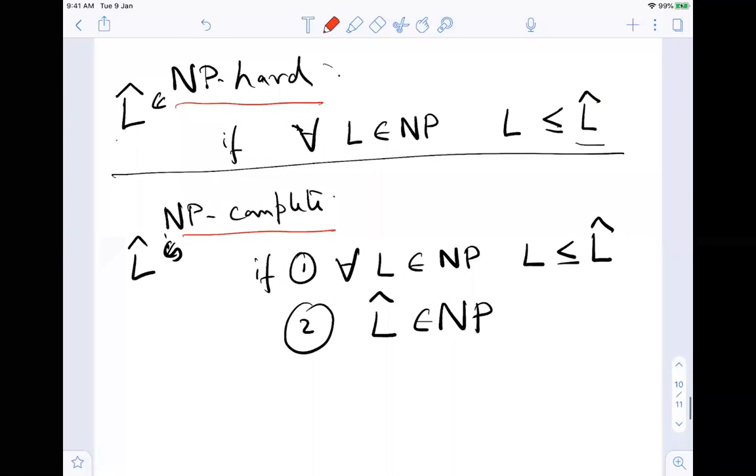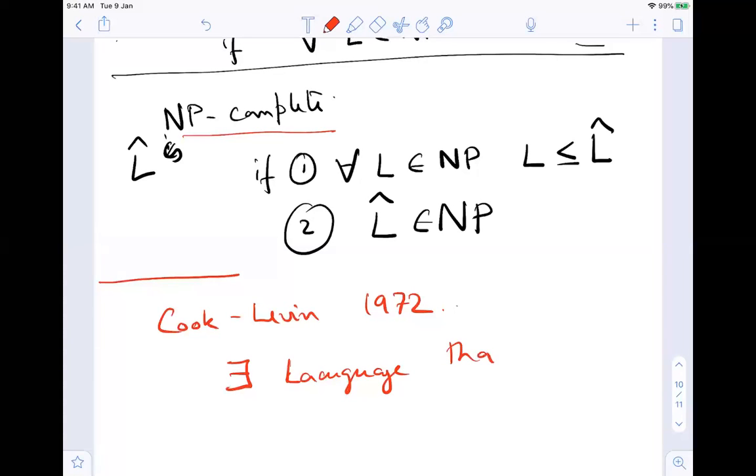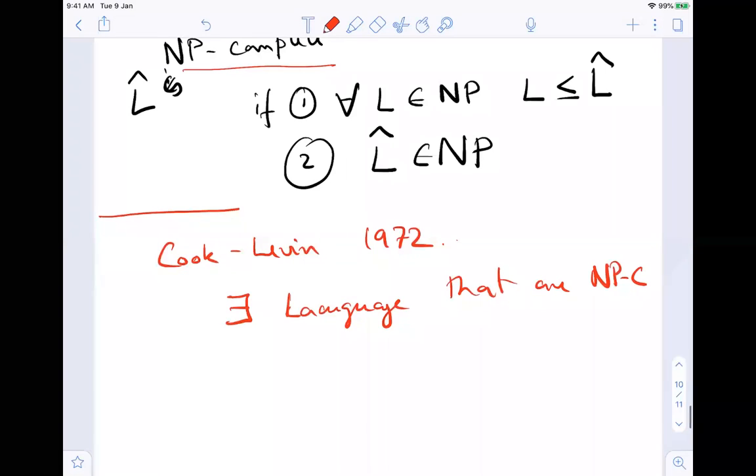The interesting thing possibly is what Cook and Levin proved, I think in 1972: that there exist problems or languages that are NP-complete. That is, there is something within NP that is the hardest among all of them.